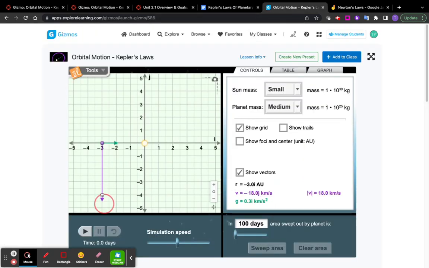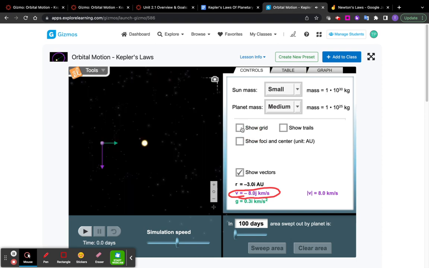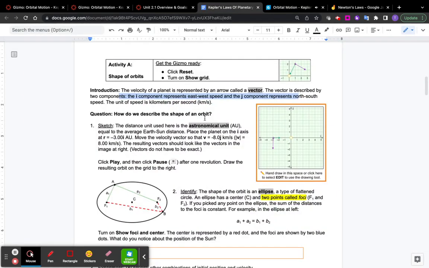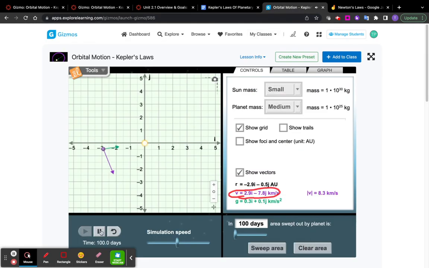So if we pull this down, we see that v here changes, negative 18j, too much. Now if we're watching over here, this is going to change as we move this up and down. Now notice if we get it just right, it's negative 8j. That's exactly where they want us to be on the grid.